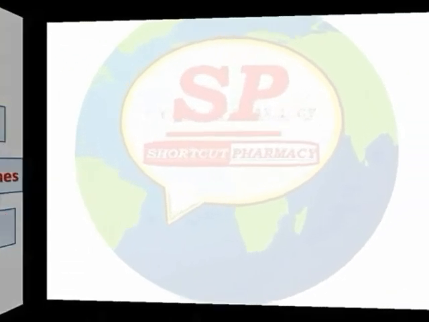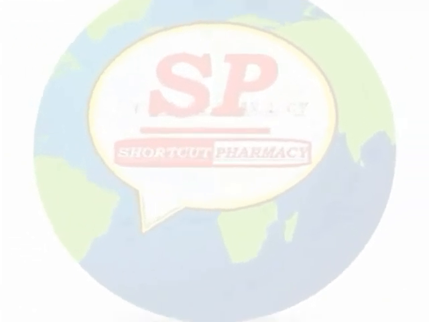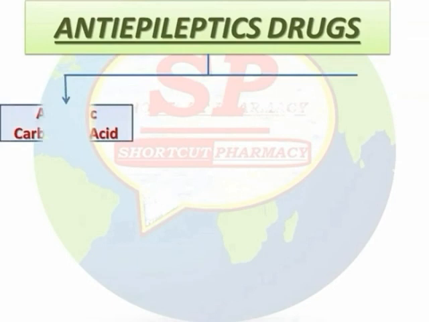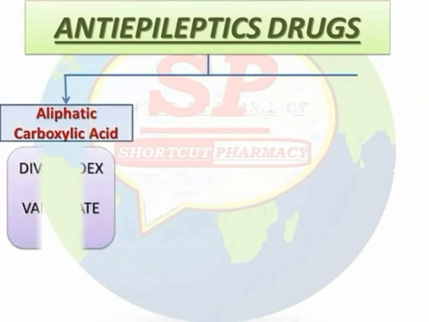First, facilitation of GABA mediated chloride channel opening, and the drugs are barbiturates, benzodiazepines, valproate and gabapentin. The next one is prolongation of Na+ channel inactivation, and the drugs are phenytoin, carbamazepine, valproate and lamotrigine.